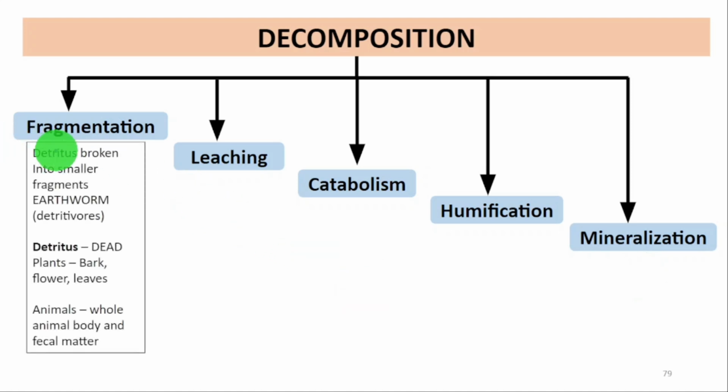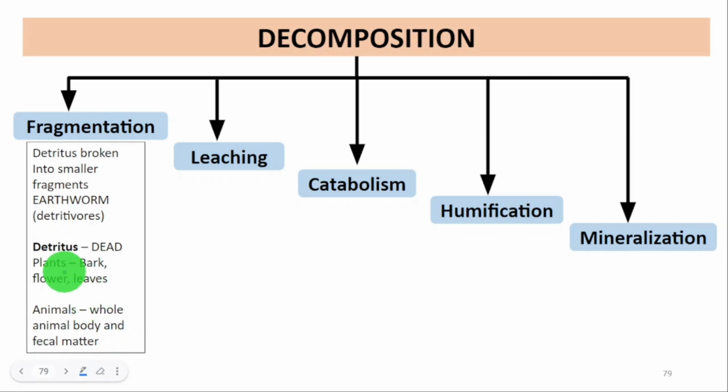So fragmentation, fragment, that means to break it, break a big chunk into small pieces. So all the dead material, the detritus, the dead plant parts like bark, flower, or leaves, or the dead animals, the whole animal body or their fecal matter, this constitutes detritus.